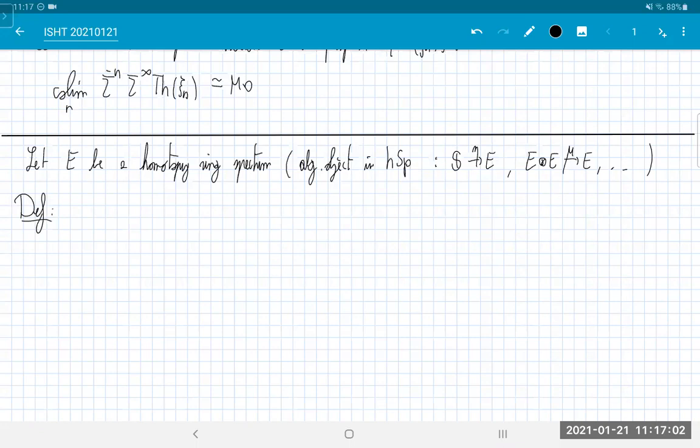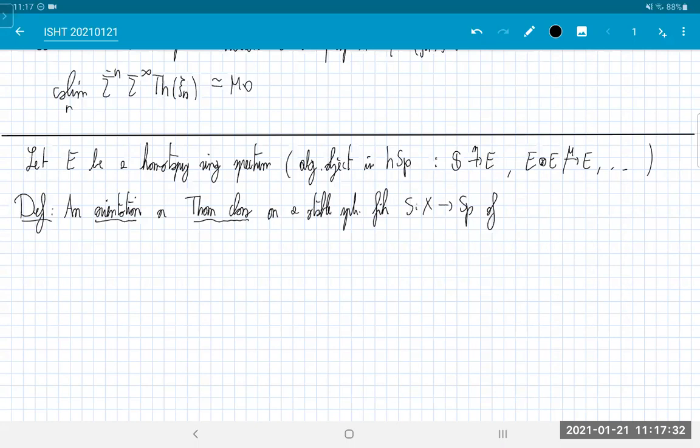Okay. So an orientation, or Thom class, on a stable spherical fibration of rank n is a map, and sorry, this is an E orientation, I should say, because this notion depends on the ring spectrum that we're considering.